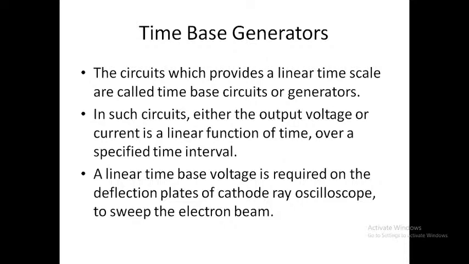So a linear time-based voltage is required on the deflection plates of cathode ray oscilloscopes, that is CRO. You have already seen the CRO and also seen the working of CRO. Inside the CRO there is an electron beam.